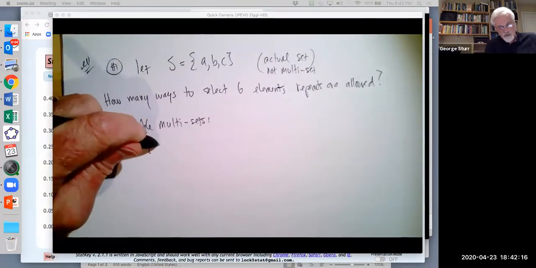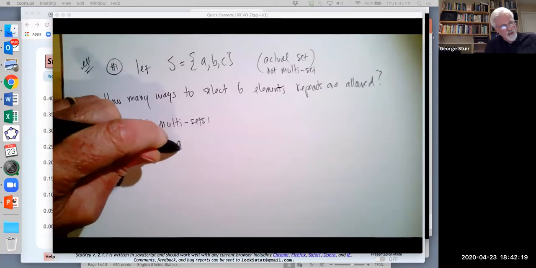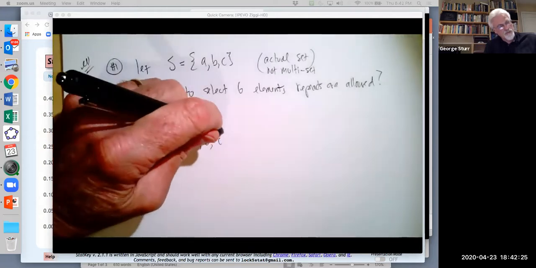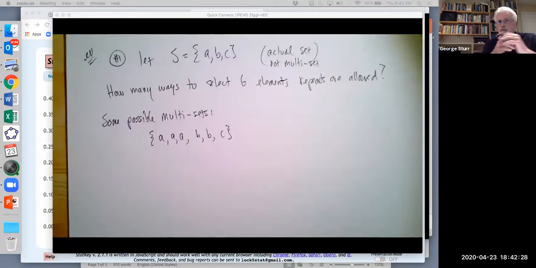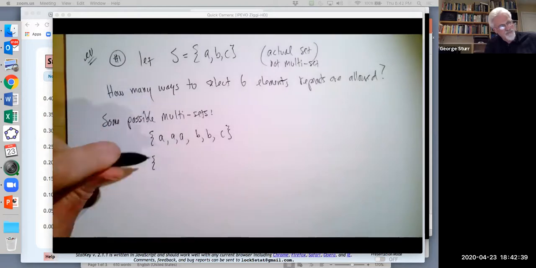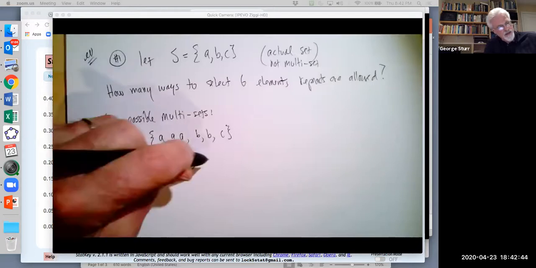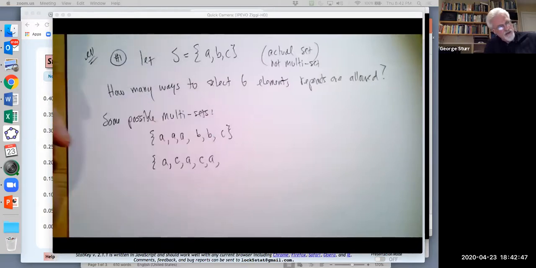You could have A, B, B, and then a C. 6 elements, repeated some A's, repeated some B's, and 1 C. What about this one? A, C, A, C, A, B. Different?